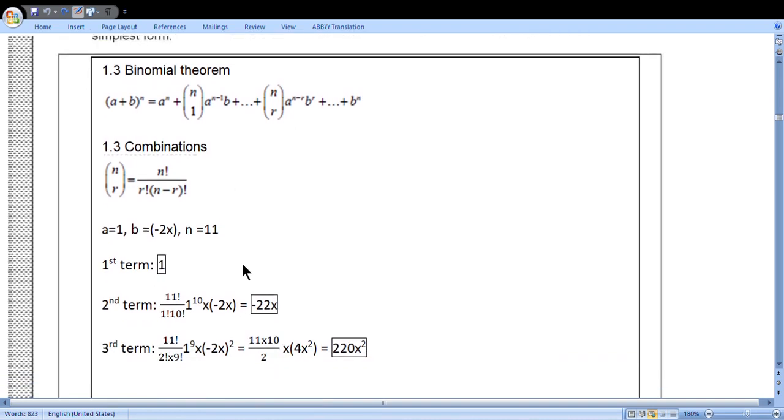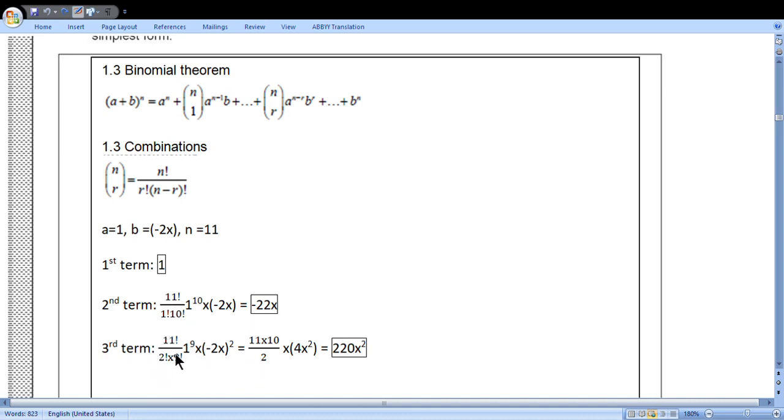So the first term, according to these two formulas, will be 1. For the second term, the combination coefficient will be given by this expression. 1 to the 10th is 1, and minus 2. Out of this we get 11 times 10 factorial, 10 factorial simplifies, and we get minus 22x. The third term is given by this formula.